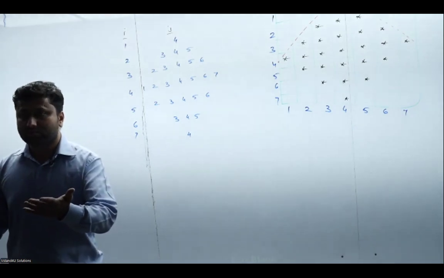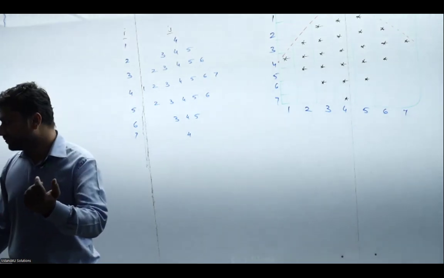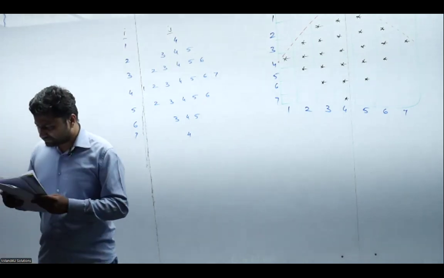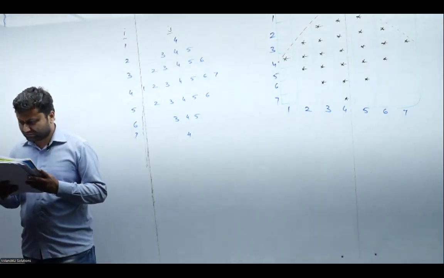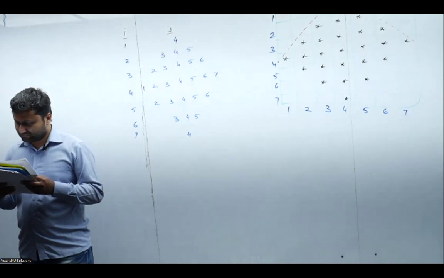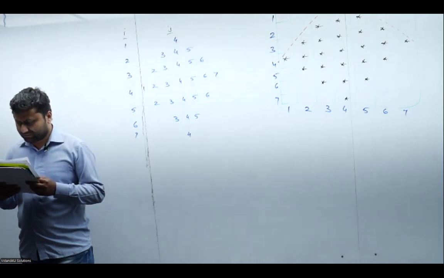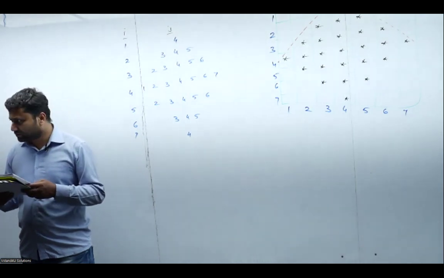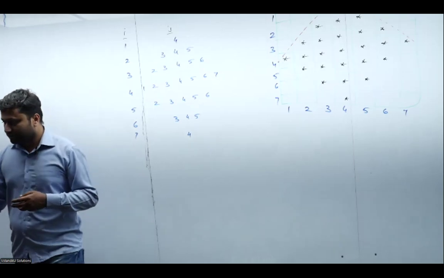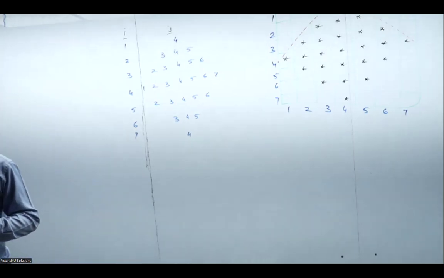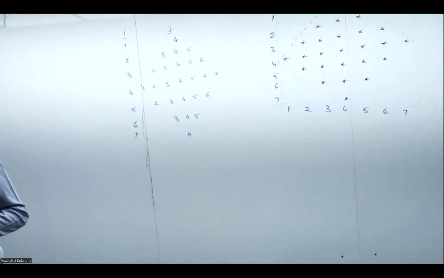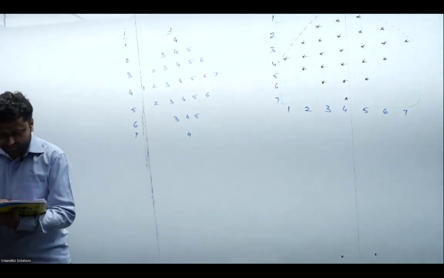Done? Have you done dry run also? Do the dry run first. Till 5 rows you do the dry run. Without K variable you have done.